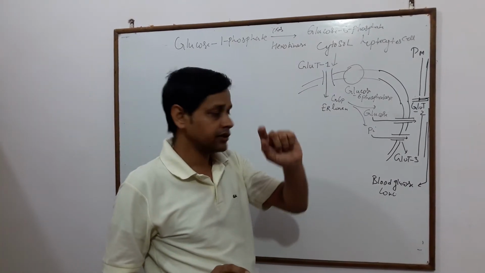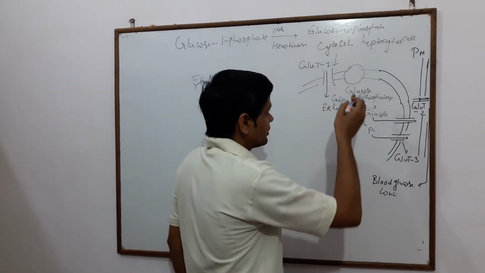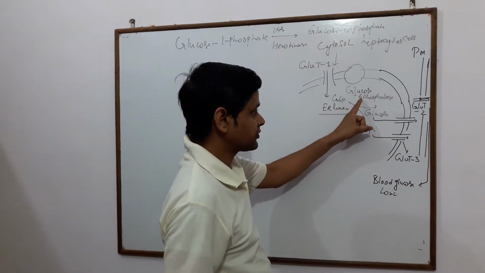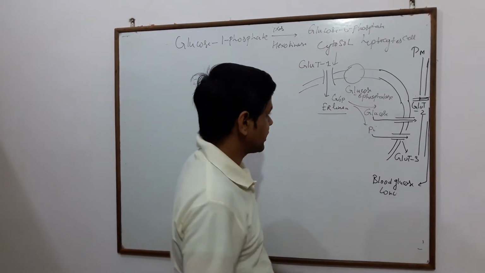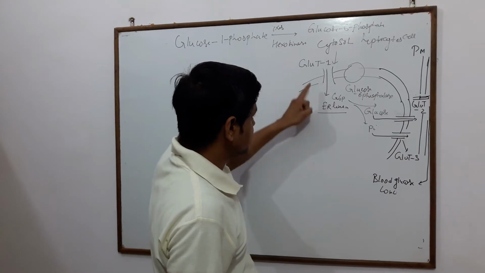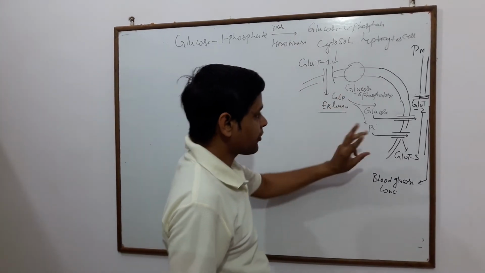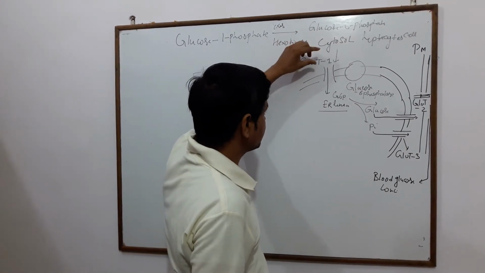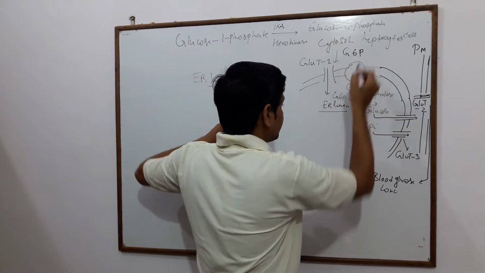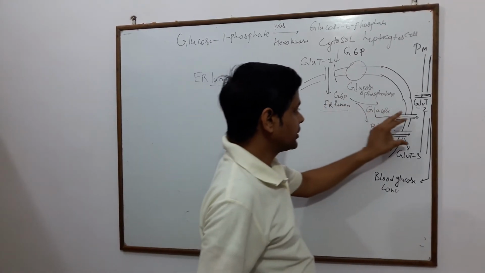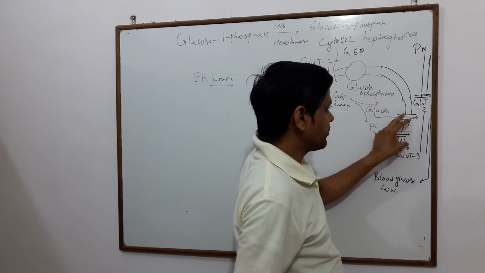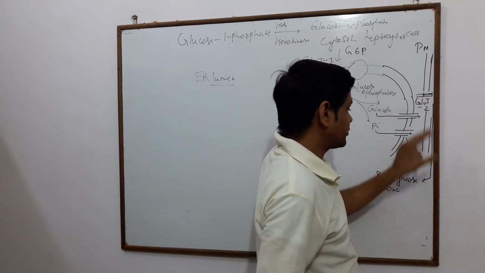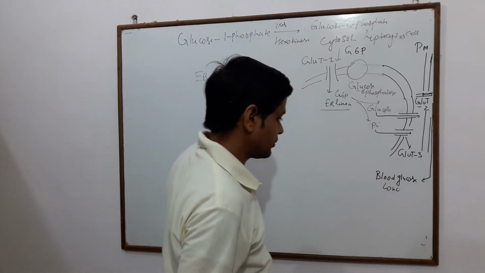This reaction occurs in the ER lumen, where the glucose 6-phosphatase enzyme is present. The transporter proteins play a very vital role in moving glucose 6-phosphate, and the glucose then passes to the plasma membrane of the hepatocyte and maintains the blood glucose concentration.